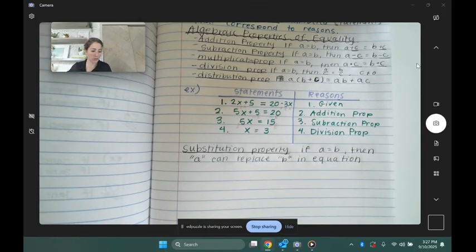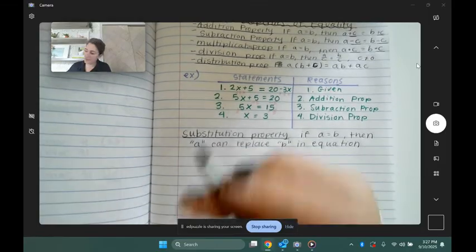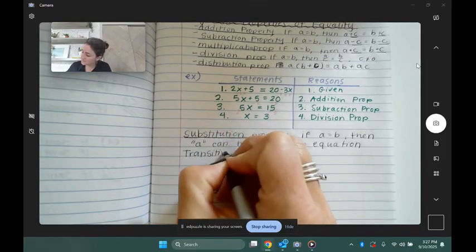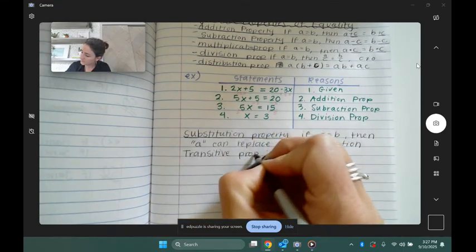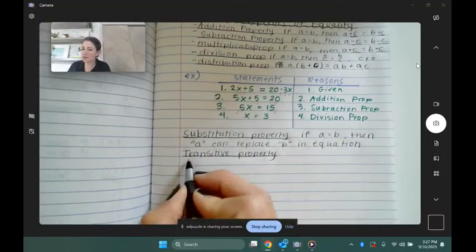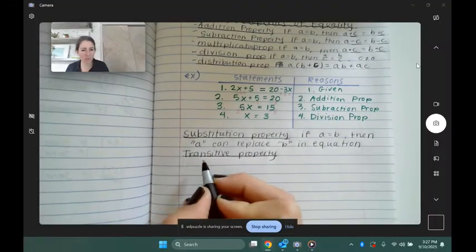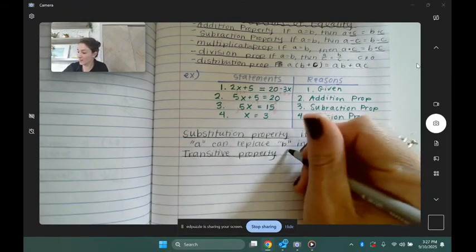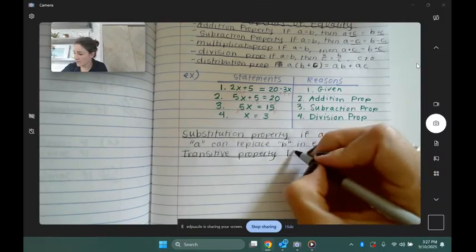would be something where I use substitution. And the other one here is called the transitive property. And this one, transitive, transport, transverse, right? I'm going through something. So a transitive property, now follow my journey here.